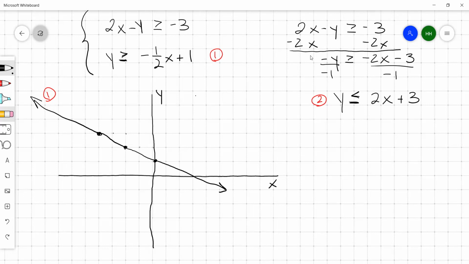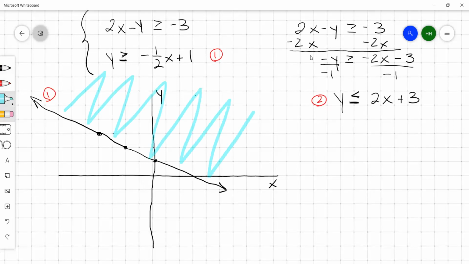And when you shade inequalities, you shade the top of the line if y is greater than. You shade the bottom region of the line if y is less than. So in this case, we're going to shade this top region right up here. This blue means we're shading everything up here. All the solutions to this system lie above line number 1.